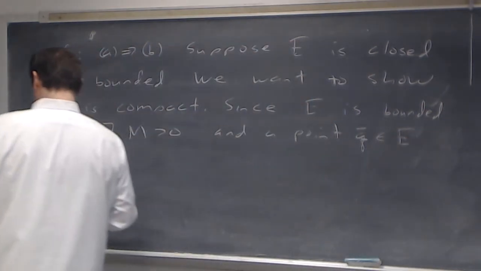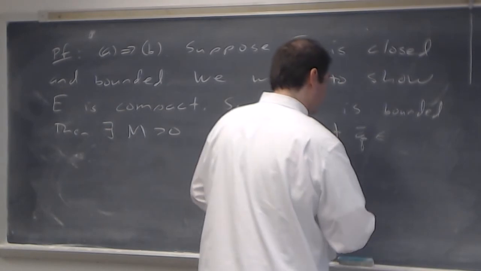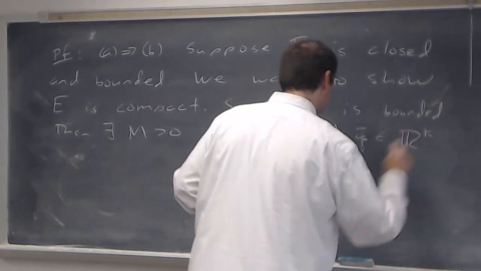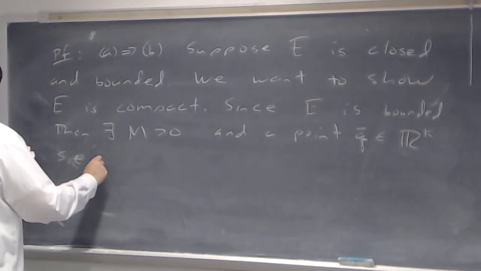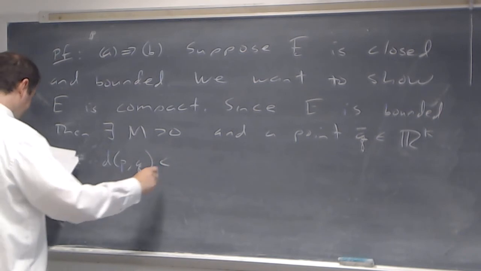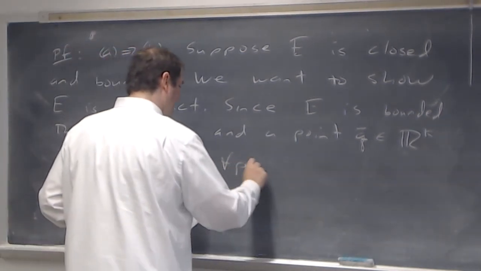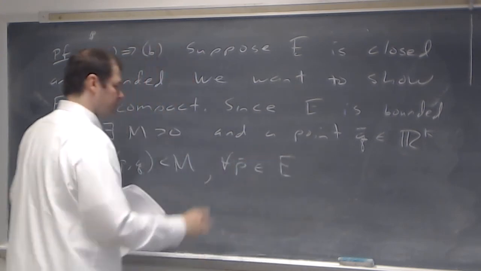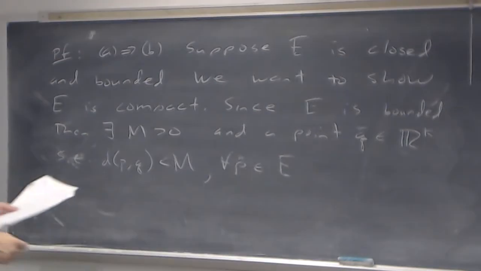not in E, but rather in our case in R^k, such that the distance between P and Q will be less than m, and that's true for all P an element of E. We'll just call them Q's without the bars.